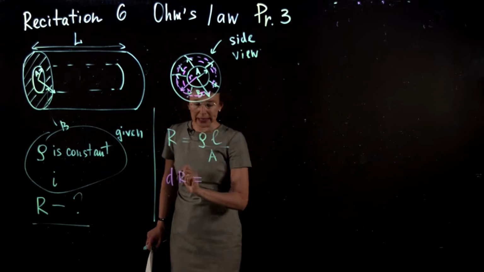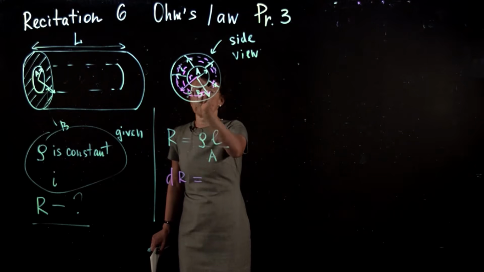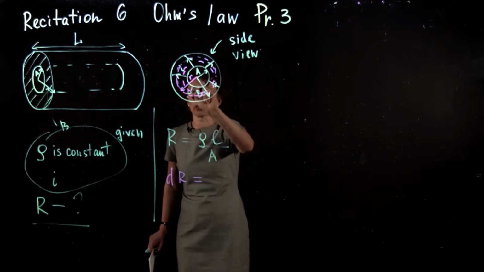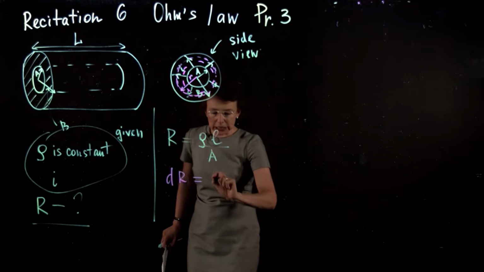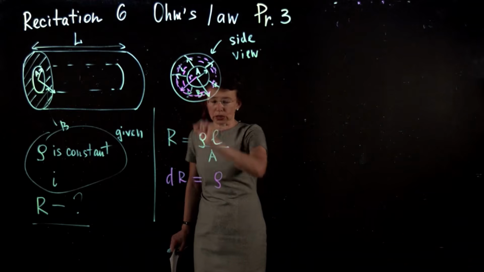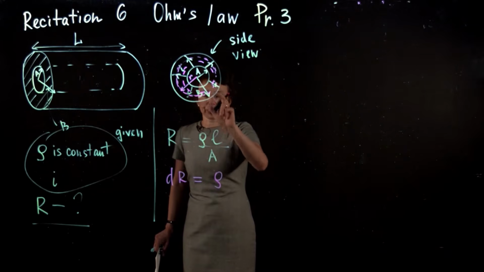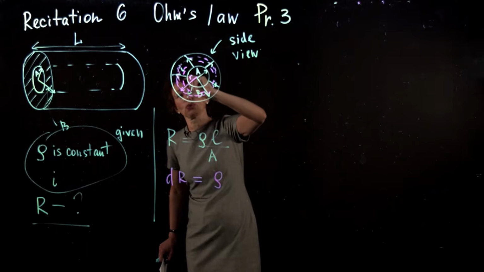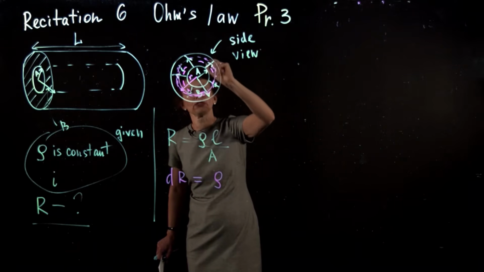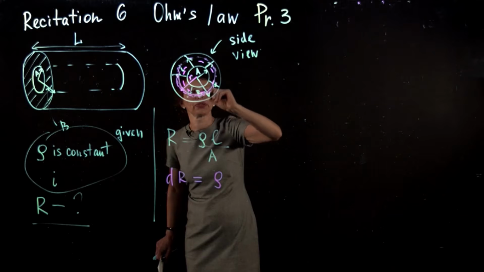So what is dR? For this little r, for this shell of radius r, infinitesimally thin, it is rho, that is constant within it, times the length in the direction of the current's flow. I will draw it as infinitesimal, thin, thin, thin here.